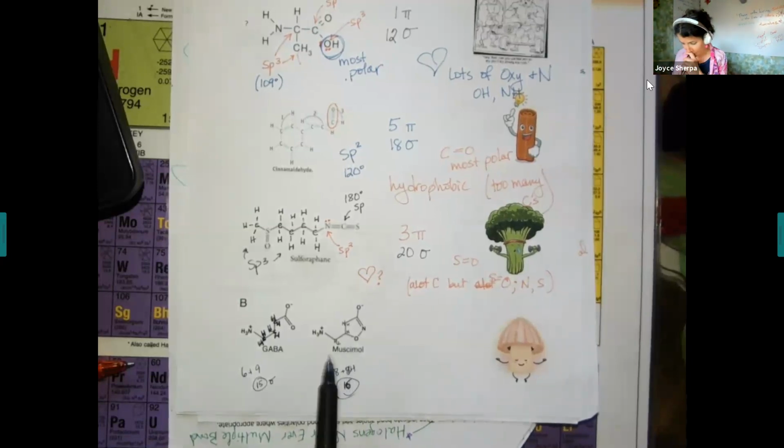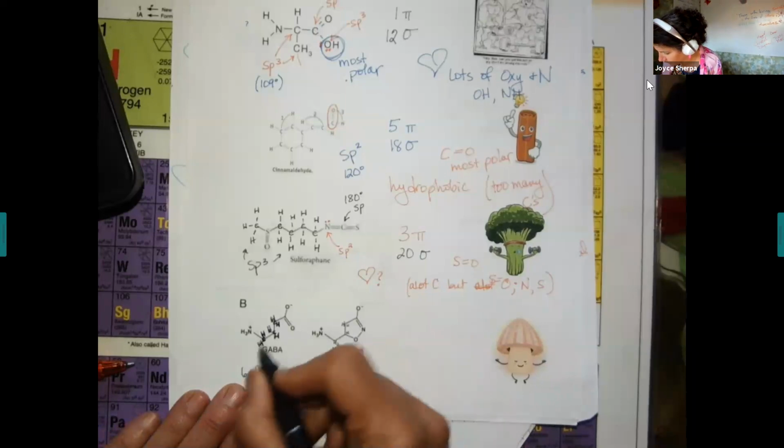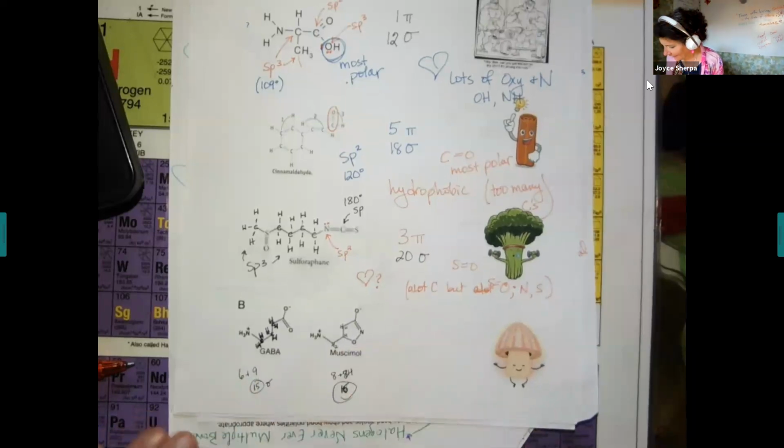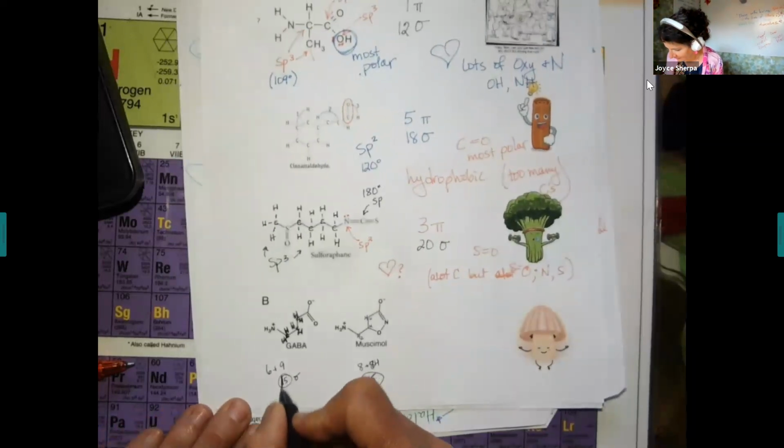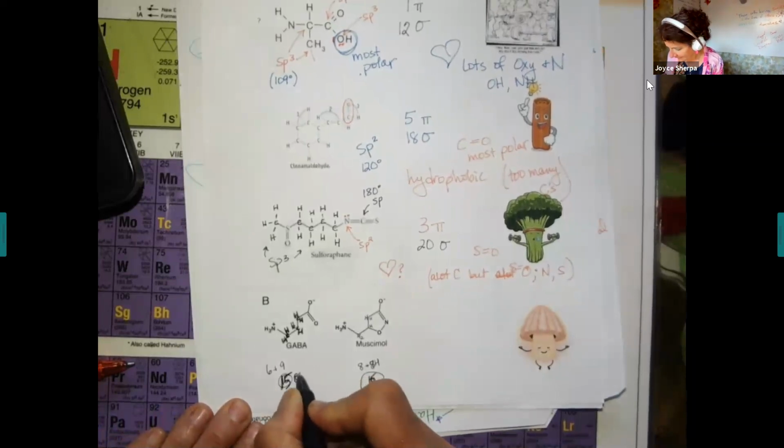But anyway, this is one of the hallucinogens, and that's actually part of how they work. They're either mimicking serotonin or GABA, and your brain gets overstimulated with that. Meditation does it too, it just takes a longer time to get there. If you count all your carbons, I apparently got 15 sigma bonds on this one.